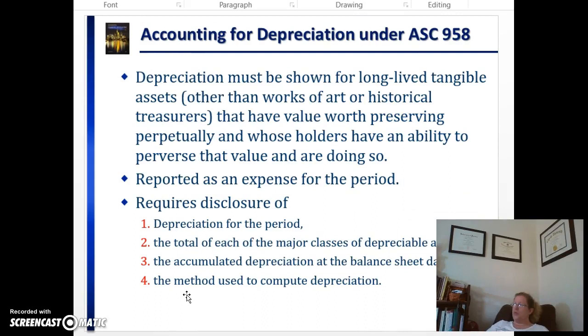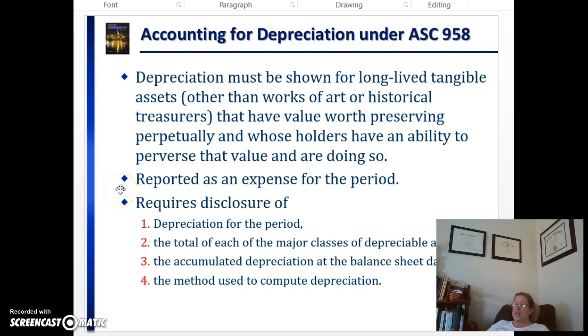Depreciation has to be shown for long-lived tangible assets other than works of art or historical treasures, but long-lived tangible assets that have value worth preserving perpetually and whose holders have an ability to preserve that value and are doing so.